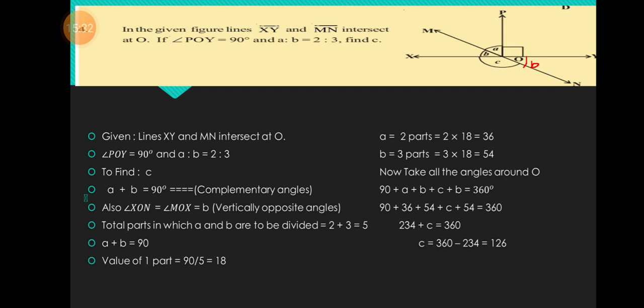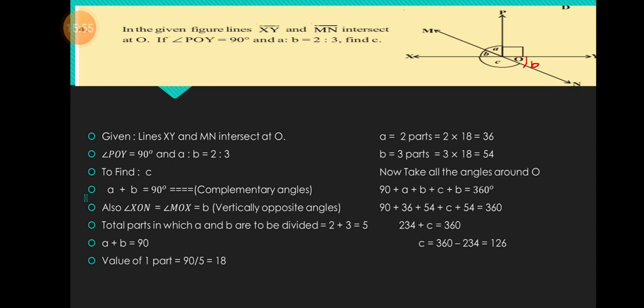Now, let us take all the angles around O, that is 90 plus A plus C plus B is equal to 360. Like this, by simple simplification, we get C is equal to 360 minus 234 is equal to 126 degrees.